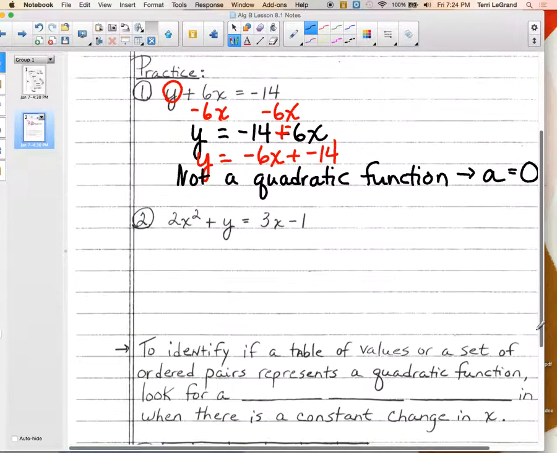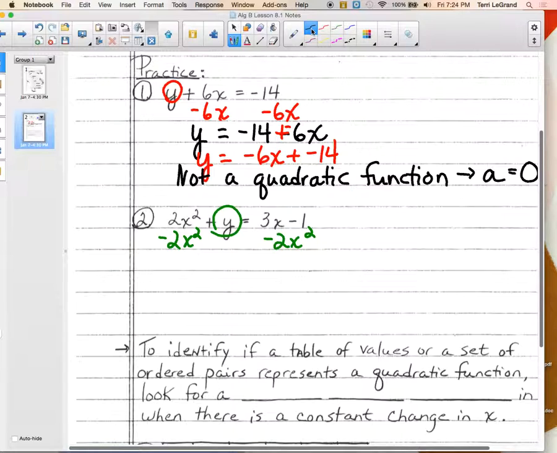2x squared plus y equals 3x minus 1. Well, the y is over here, so we'll get those x squareds moved out of the way. We can subtract 2x squared from both sides.